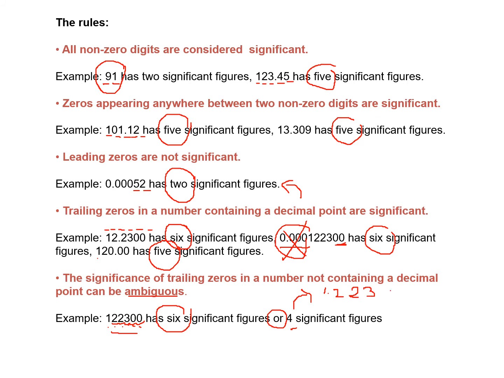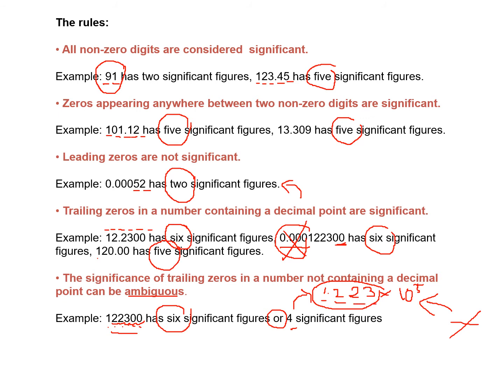1.223 times 10 to the power of 5. 1, 2, 2. So now we don't consider this one, but we consider this. According to the decimal point, now we have 1, 2, 2, 3.